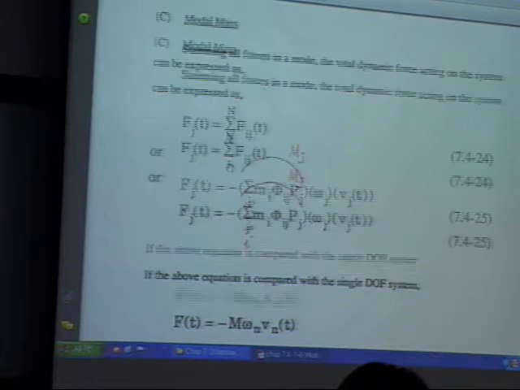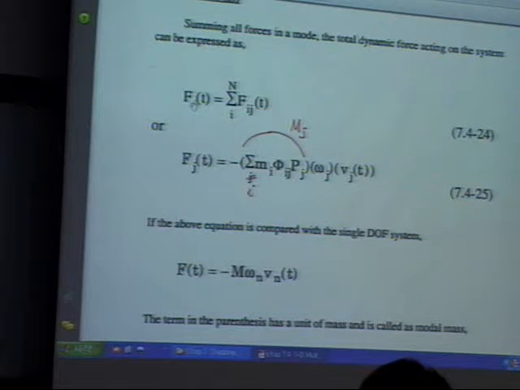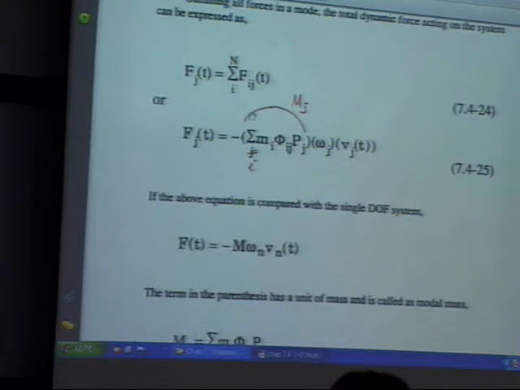So for the jth mode, the jth modal force is equal to the summation over all degrees of freedom of force. I is a degree of freedom, J is the mode.